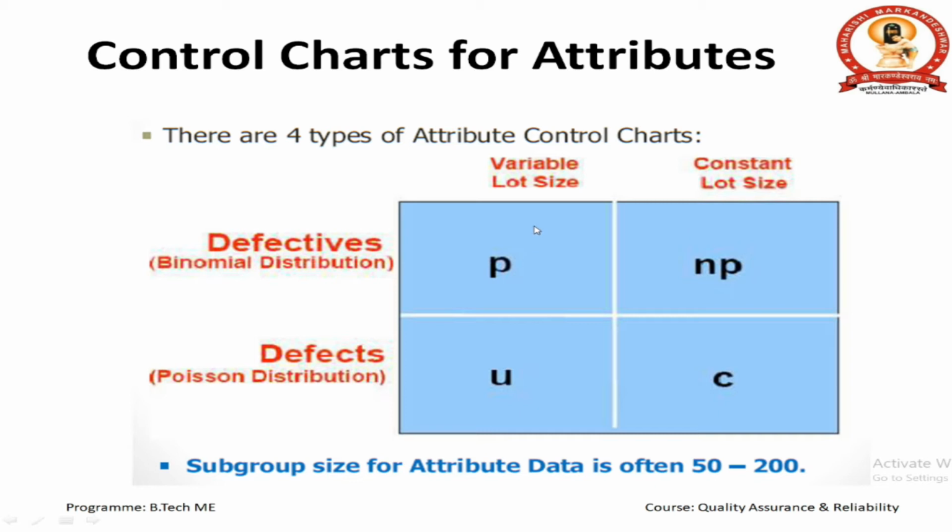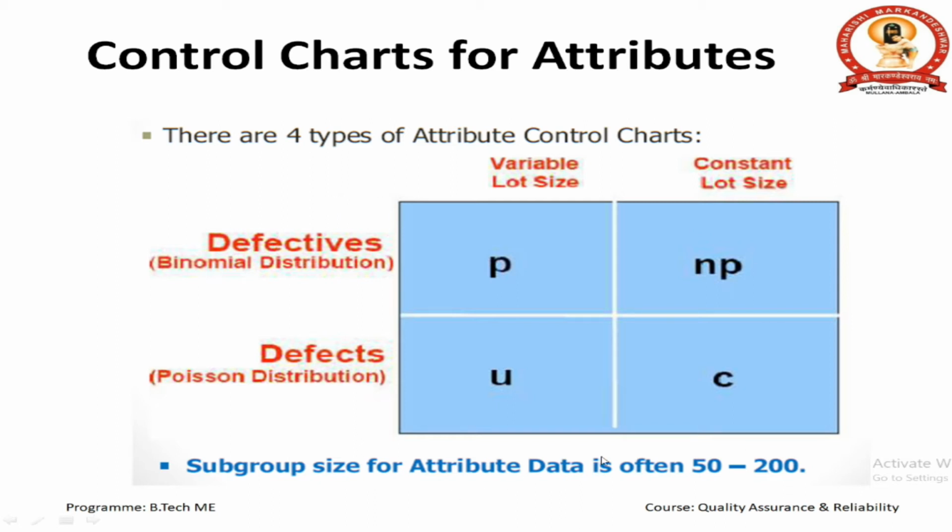And if you want to draw defects for variable lot size, then you can draw U chart. So it gives more insight to the attributable type of charts. If the lot size is constant, then you can go for NP chart for defectives and C chart for defects.